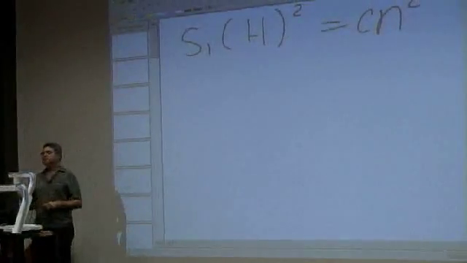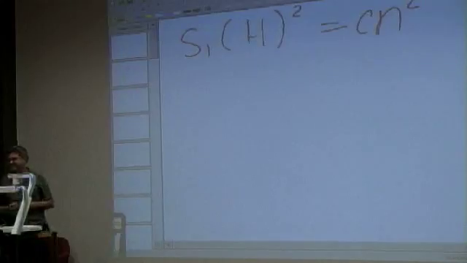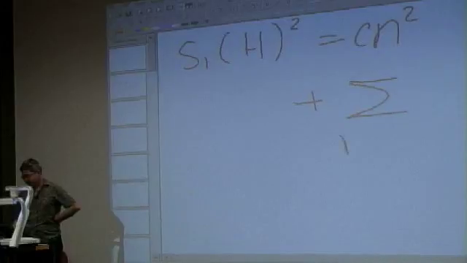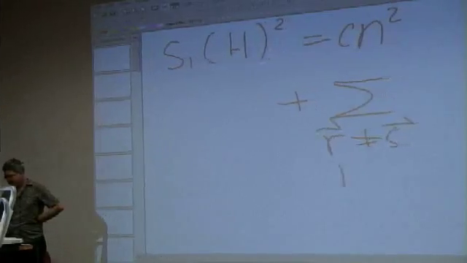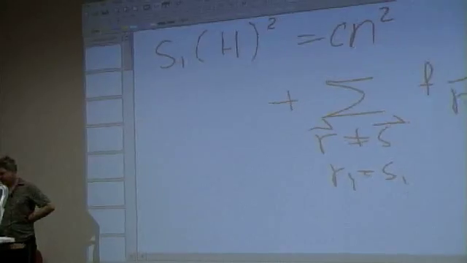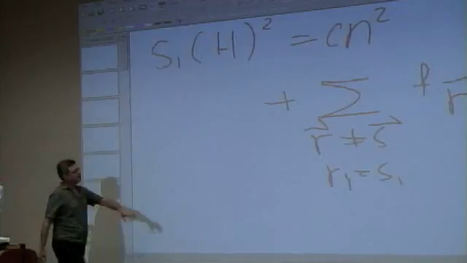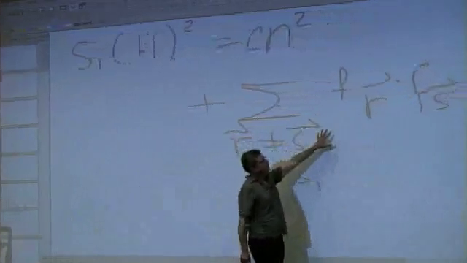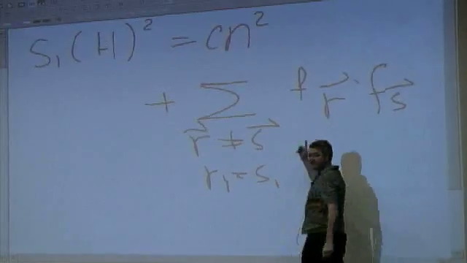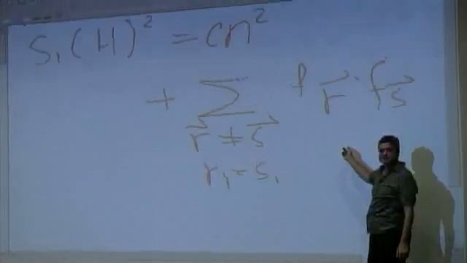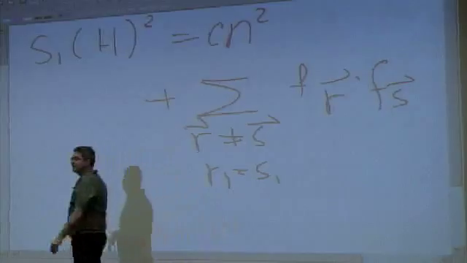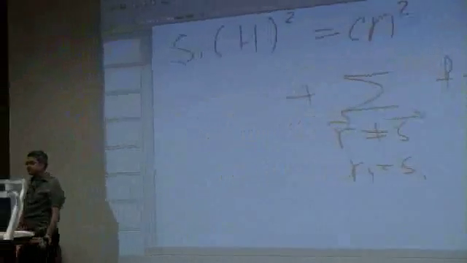By the way, a square function being constant is a good thing. Plus the sum over r not equal to s, where they agree in the first coordinate, of f_R times f_S. So the second term is the term that behaves like n to the 3/2. So you have order n to the 3/2 here, n squared there. So the n squared wins for small values of p.